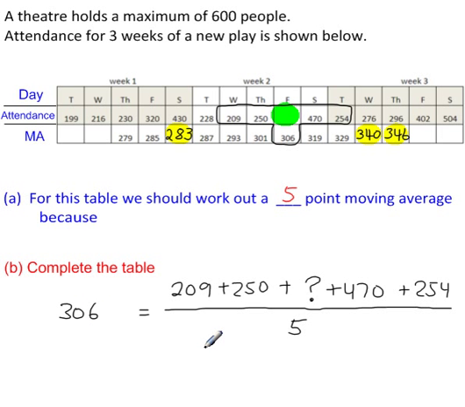So as you can see, this is a simple rearrangement to work out the missing value here. So if you take 306 and multiply it by 5, that should give you the sum of all these values here. And then from there you can work out what that missing value was.